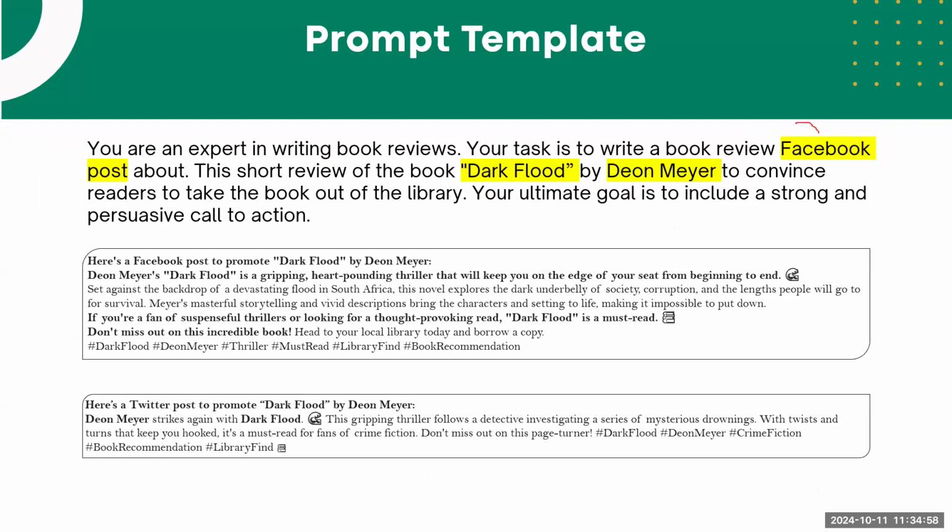And here is the review in a format that is friendlier for Facebook. And here is an example of a Twitter post. But now that's all well and fine, but you don't want to have to go about placing these things in individually.